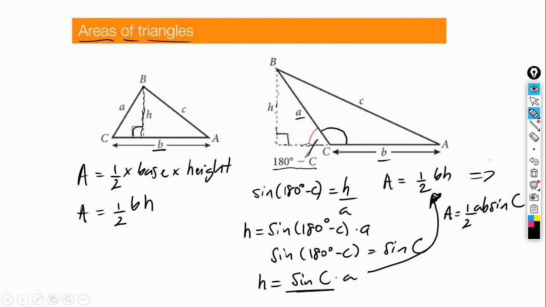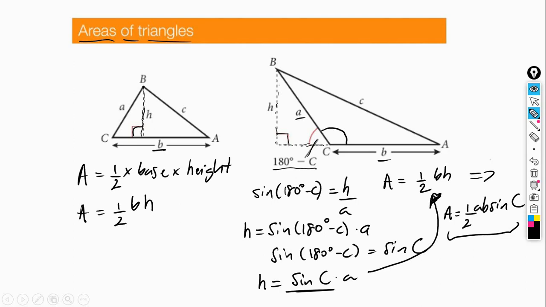So this is a very useful formula that, again, if we have two sides and an angle between them for any triangle, we can find the respective area. It's also important to notice that there are two more formulas that can be derived in the same way from this triangle.